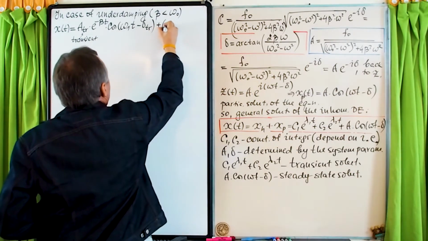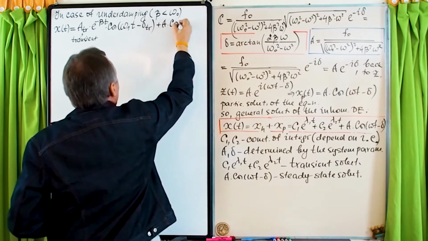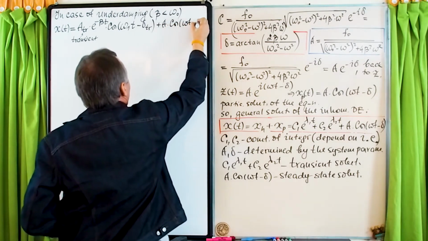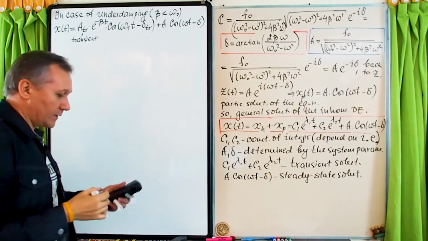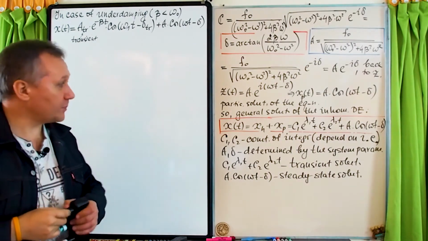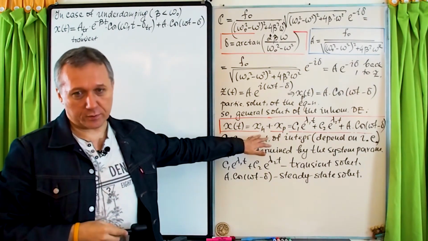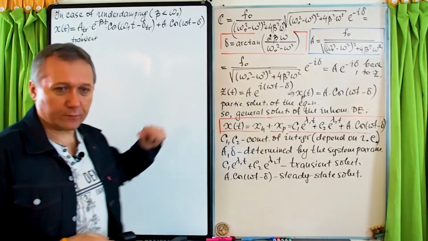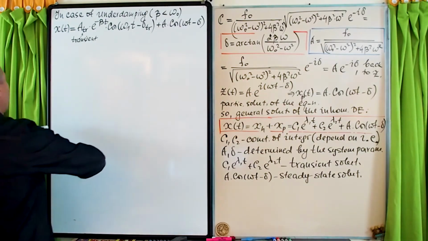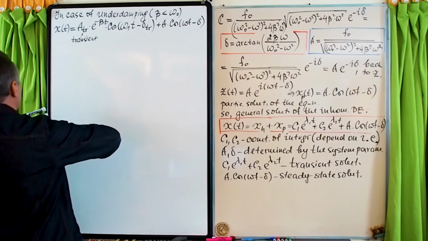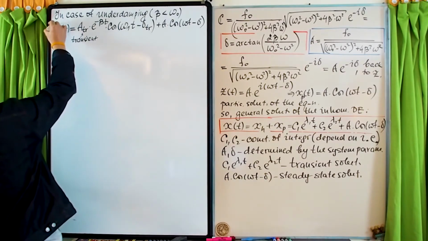And plus A cosine omega t minus delta. So that is a special case of this solution. Again, this can be applied for any situation, and this is for an underdamped system.